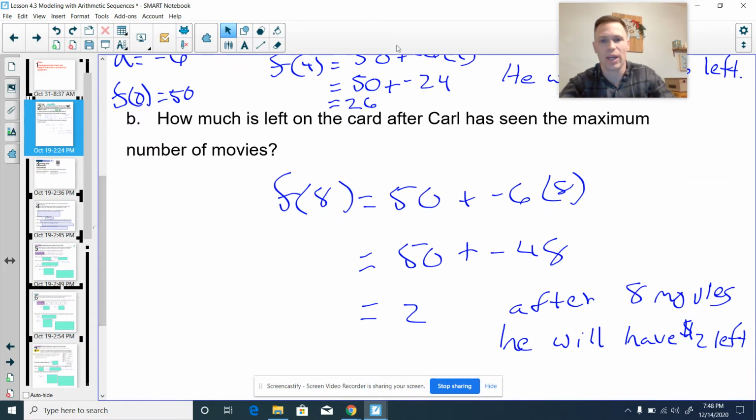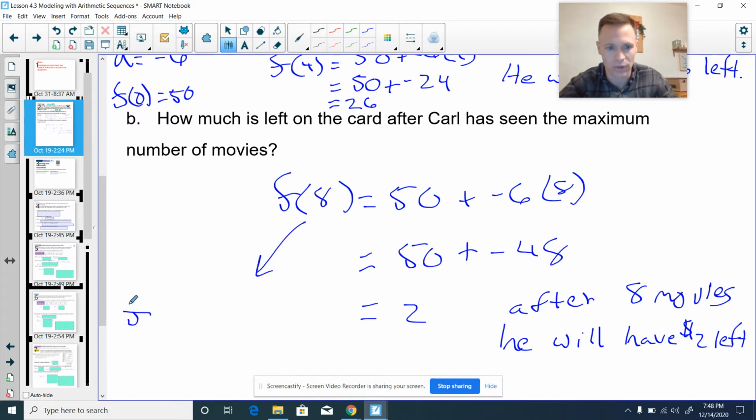Again, this is my arithmetic sequence that I would use to find the values of each term. My 0th term is 50. My first term would be, if it's $6, 44. Then I can find my second term, third term. We just found the 8th term, which is 2. So that is what my sequence would look like.